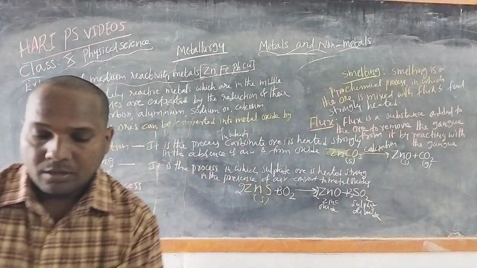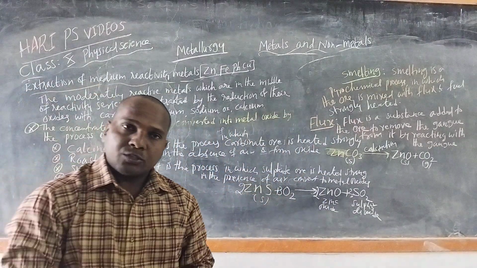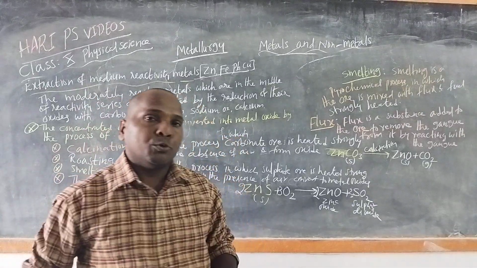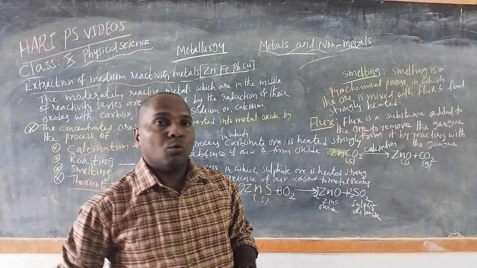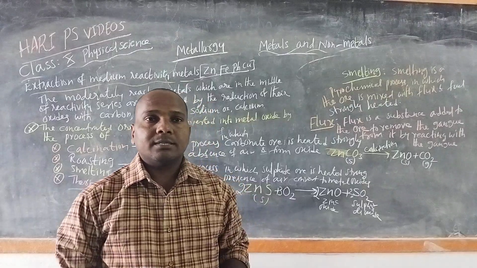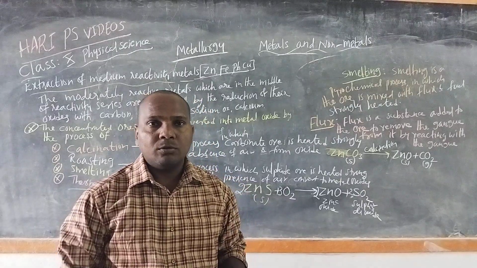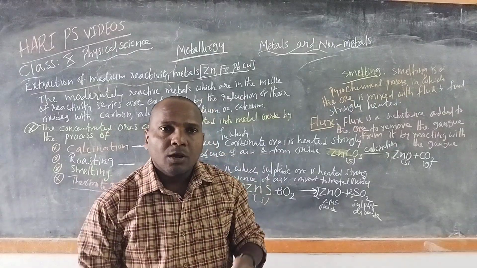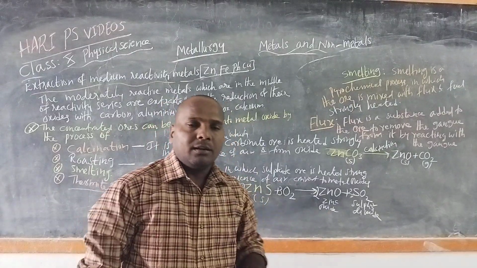Here, as we know, any impurity present in the ore we can call a gangue. To remove the gangue, in some cases, for some methods, we have to add another substance.